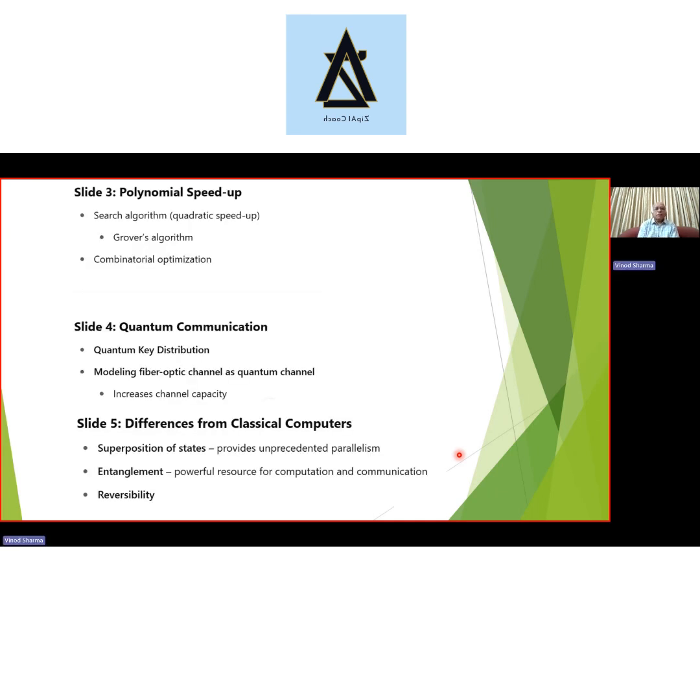Not only do we have exponential speed up of the above algorithms, there are other very important problems in real life for which quantum algorithms may not provide exponential speed up, but certainly polynomial speed up. And one such major algorithm is Grover's algorithm.